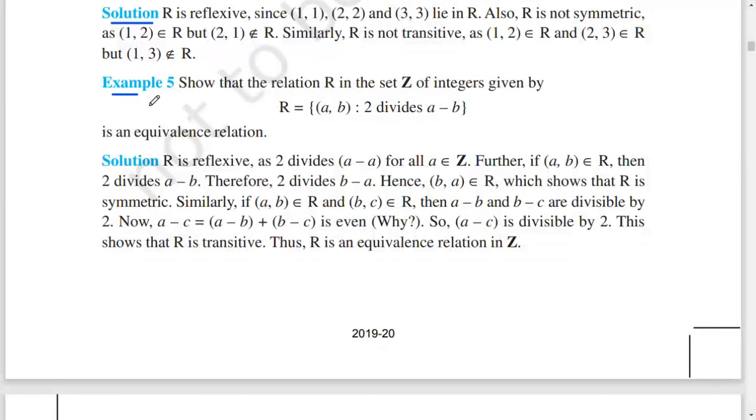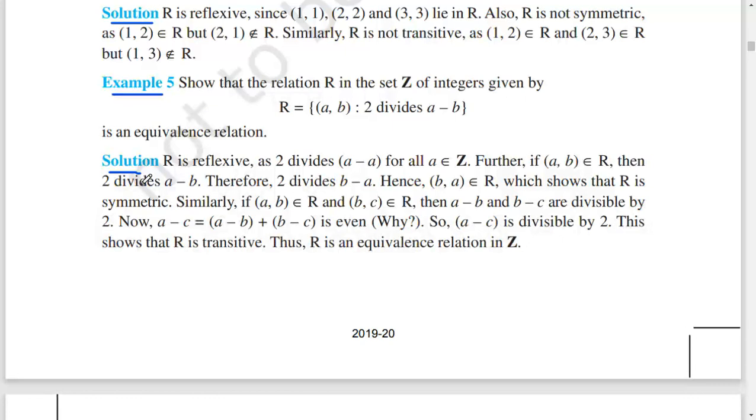Example 5. Show that the relation R in the set Z of integers given by R equal to {(a, b): 2 divides a minus b} is an equivalence relation. Solution: R is reflexive as 2 divides a minus a for all a belongs to Z. Further, if (a, b) belongs to R, then 2 divides a minus b.